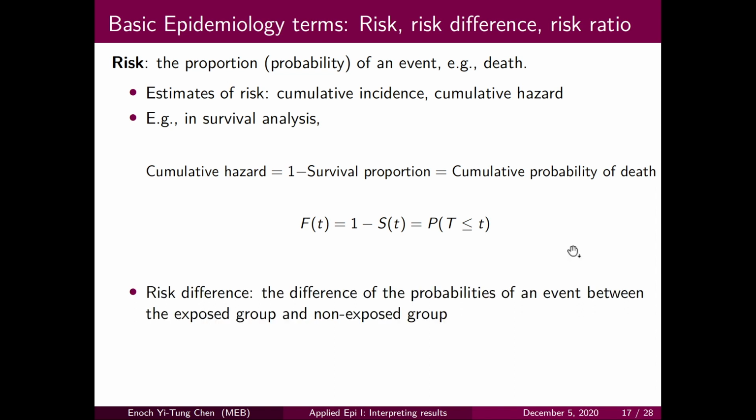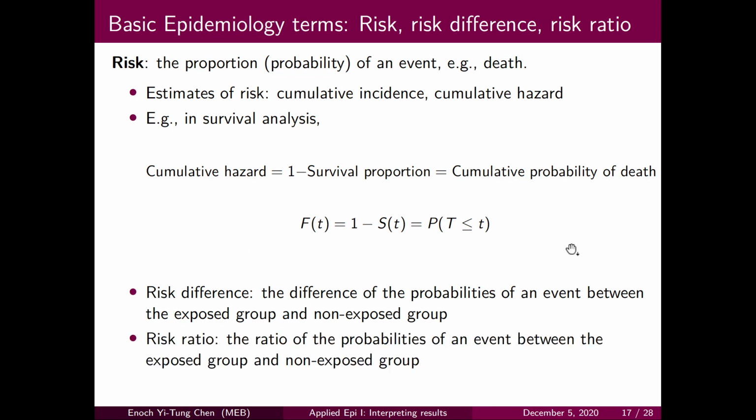Then you have risk difference, the difference of the probability of an event between the exposed group and the non-exposed, and risk ratio is then the ratio in between. Something to keep in mind is that people have different definitions of relative risk, or say RR. Remember, it could be risk ratio, the ratio between proportions, or rate ratio, the ratio between rates.